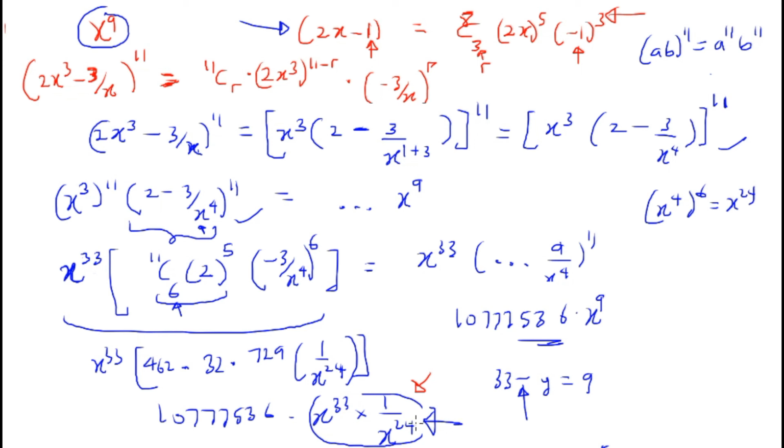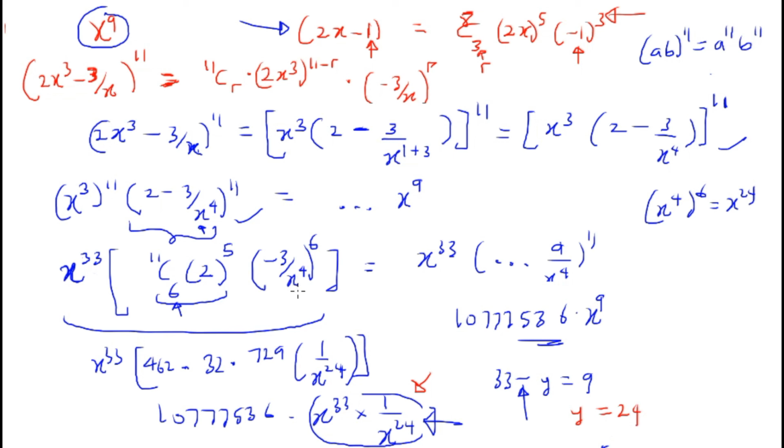If I had it as a numerator, then I'd be adding. So 33 minus y has to be equal to 9. So we got y as 24. So the actual power of x right here is 4.